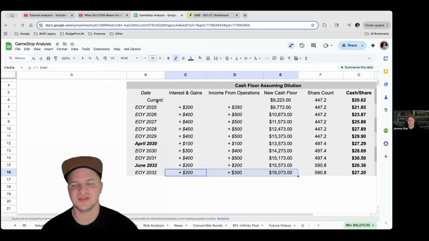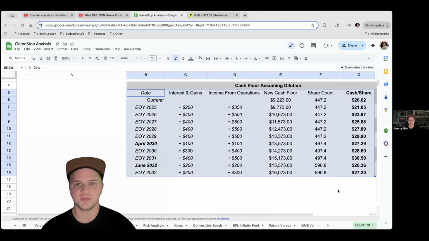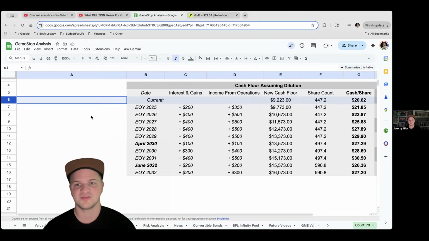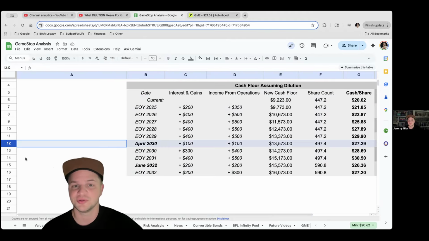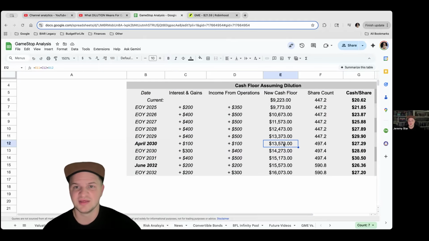This is what happens to the cash floor year by year if they dilute. Okay, if they dilute, guess what? They got to have the cash now, but they didn't have to dilute until 5 and 7 years from now. So at the time of dilution, they will have made an additional $4.3 billion in cash before the first dilution even happens.